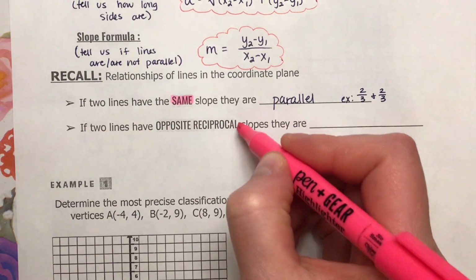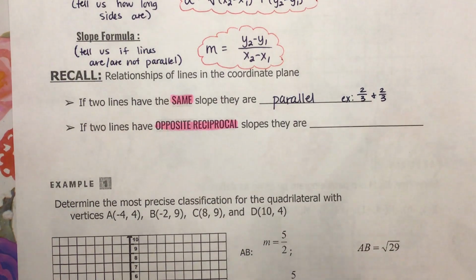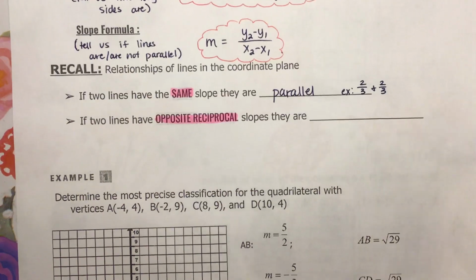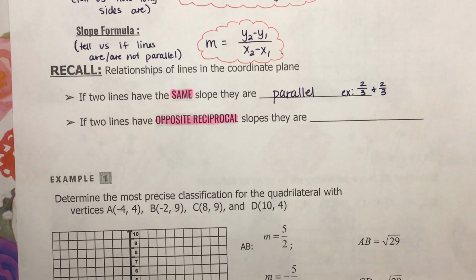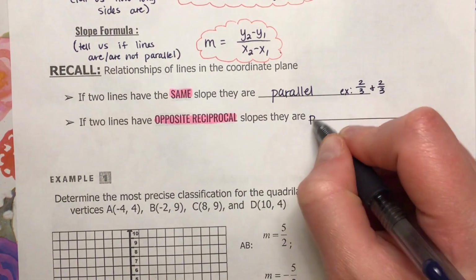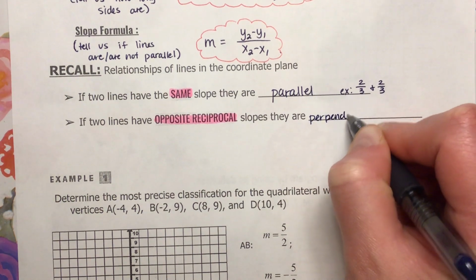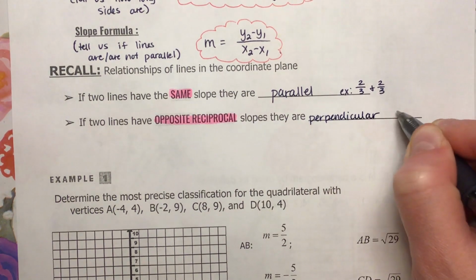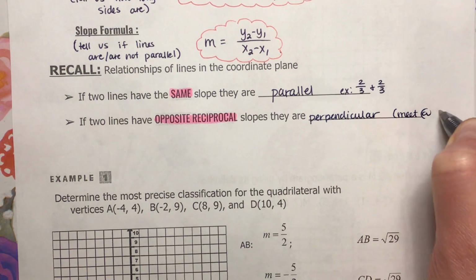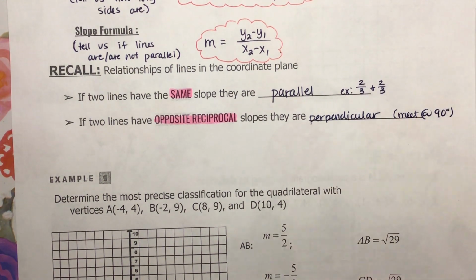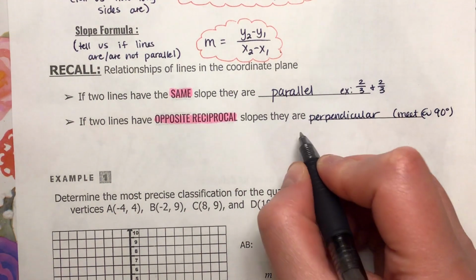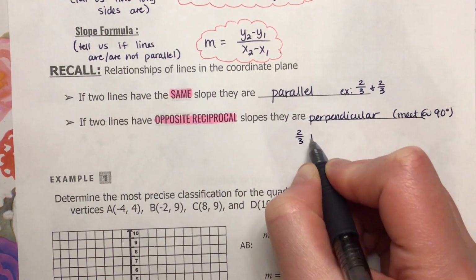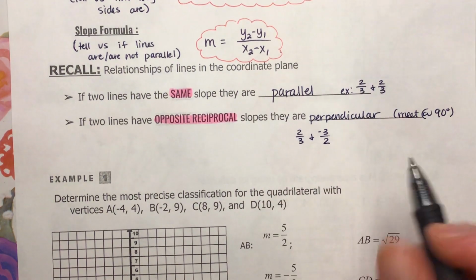And then if two lines have opposite reciprocal slopes, they are perpendicular, meaning they meet at 90 degrees. Some examples of opposite reciprocals might be 2/3 and -3/2.